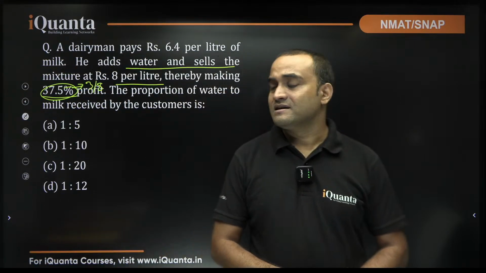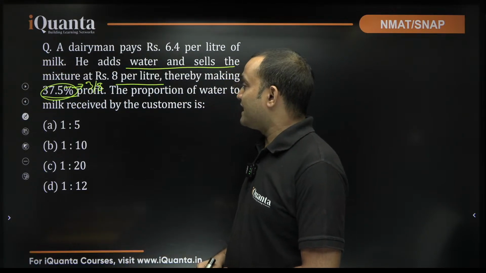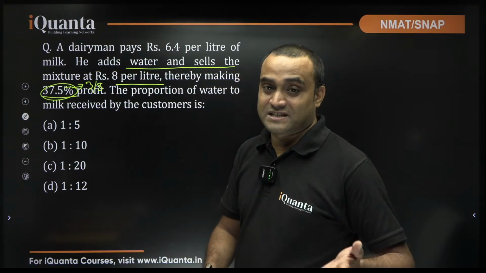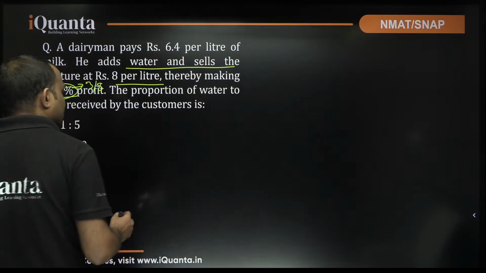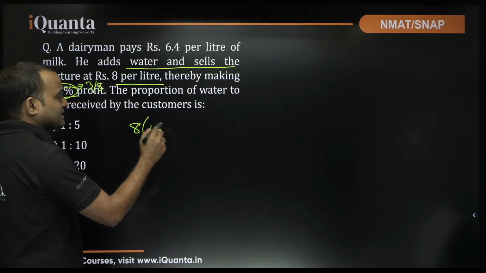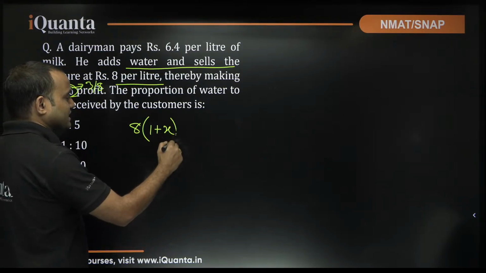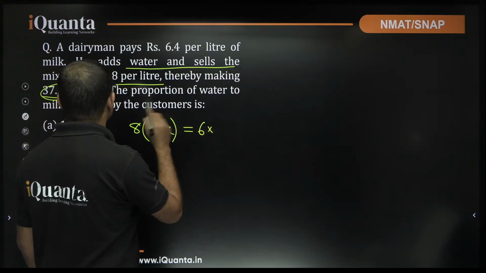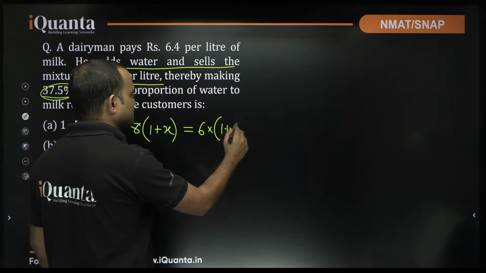Now if I say that the profit is 3 by 8 and the selling price is 8, and the water he is mixing is X, so what we can say, total selling price will be 8, let's say milk is 1, water is X, and this will be equal to 6 into, now 3 by 8 is profit, so 1 plus 3 by 8.